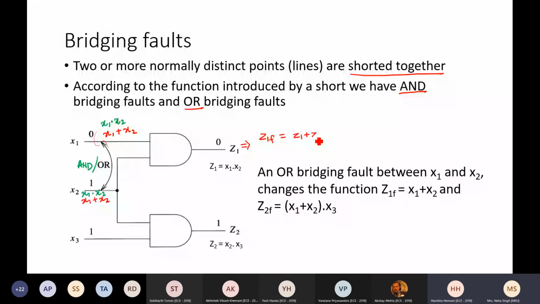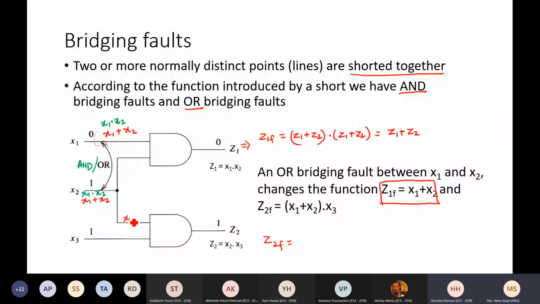Right? Similarly, verify what will be the output Z2F for the circuit if the OR bridging fault exists. The input to this side of the AND gate will now be x1 plus x2 due to the OR bridging fault. Right? This is the faulty input. This is the correct input x3.